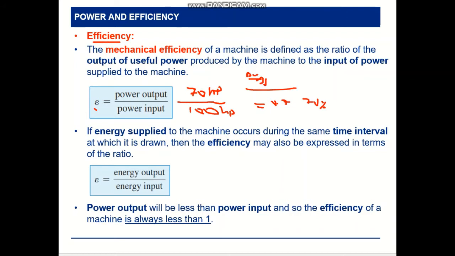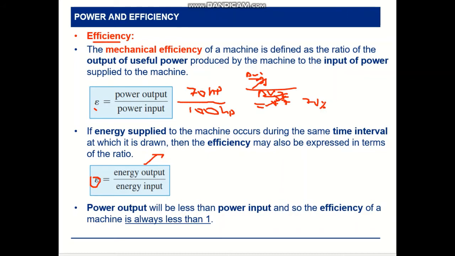Let's say delta U1 and delta U2, each over delta T. When you cancel delta T, if there is the same time interval, then delta U1 over delta U2 gives us efficiency again, which is depicted in this sentence. So instead of using power output and power input, if you have energy output and energy input, you will have the efficiency of this machine as well.